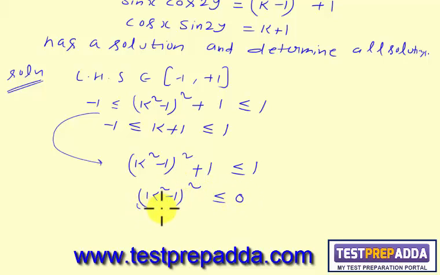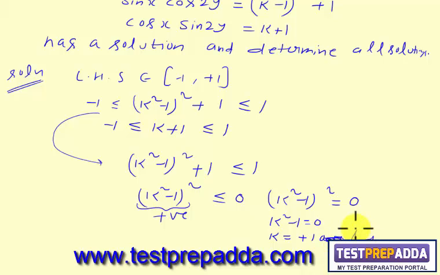And since this is positive, the only true thing is equality. So (k square minus 1) to the power 2 is equal to 0. It cannot be negative, right? That is why I have written equal to 0. So k square minus 1 equal to 0, and this way I get k as plus 1 or minus 1.